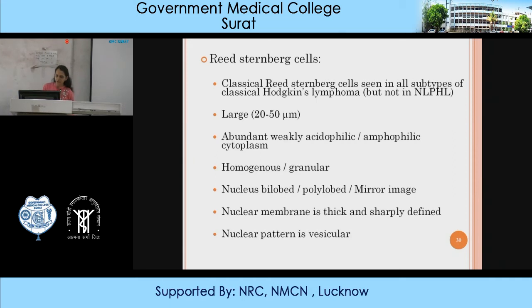They are basically very large compared to normal lymphocytes or background cells. They have abundant weakly acidophilic cytoplasm. A very important feature is the nucleus, which is bilobed, polylobed, or has a mirror image. The membrane is thick, sharply defined, and the nuclear pattern is vesicular.